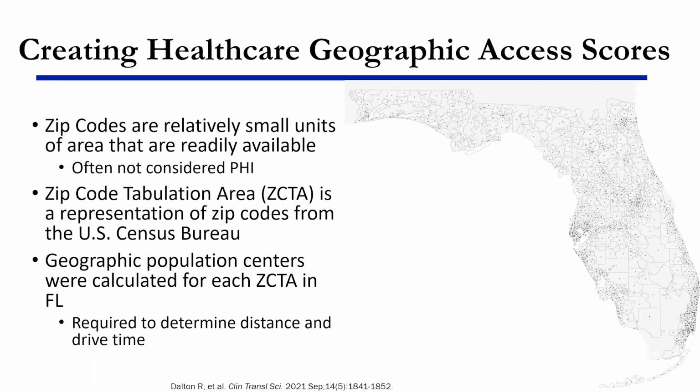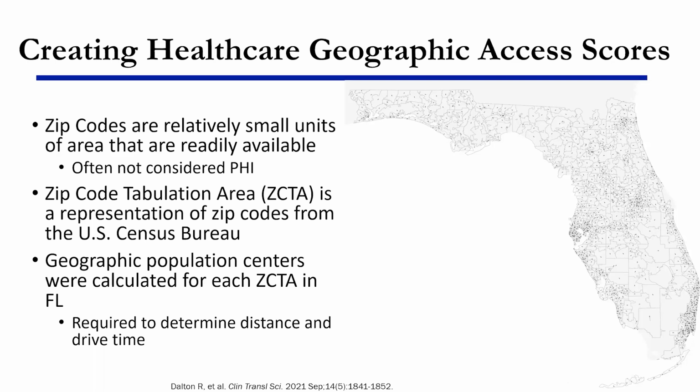The other nice thing about a 5-digit zip code is, in most cases, it's not considered PHI, unless you live in a very sparsely populated zip code. For our purposes, it was much easier to acquire.